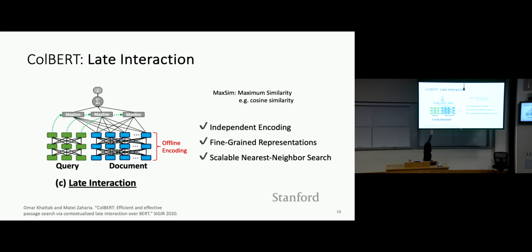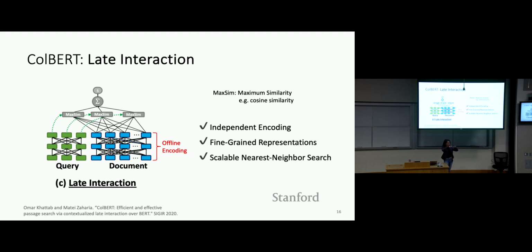You're doing a MaxSim, which is some kind of maximum similarity, such as cosine similarity. For each vector here, you can now do a max against all the vectors from the document, and one at a time, you're accumulating each of these elements together, and then you can find the max sim.